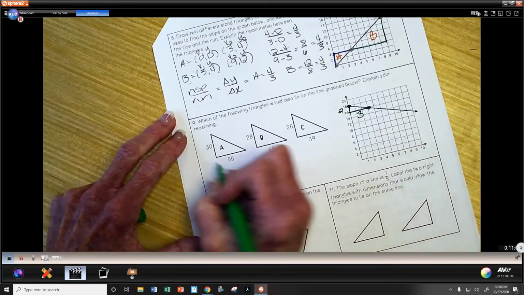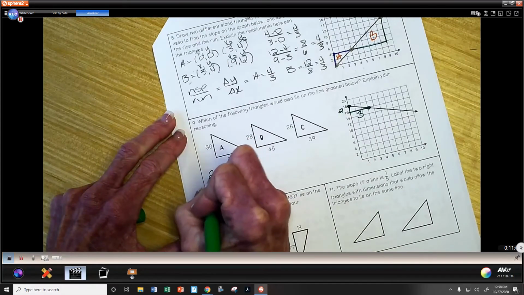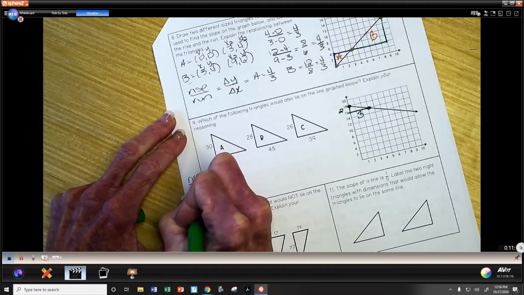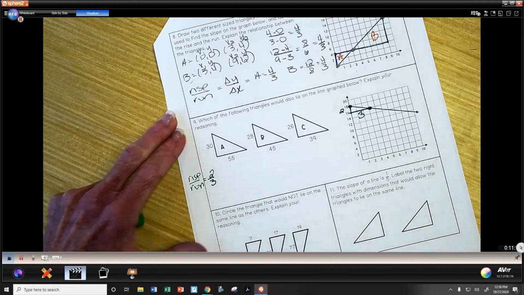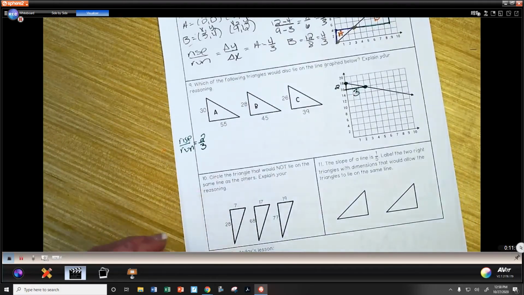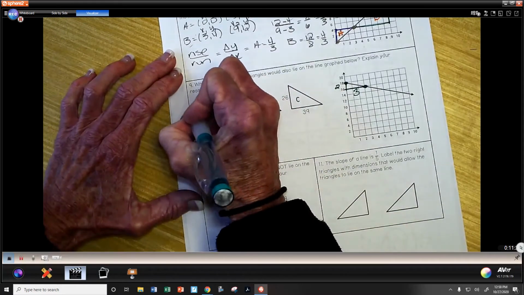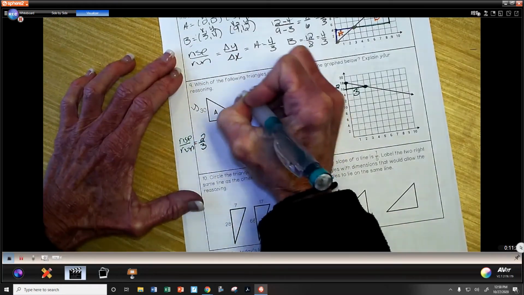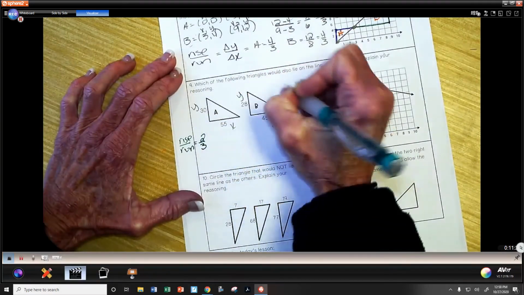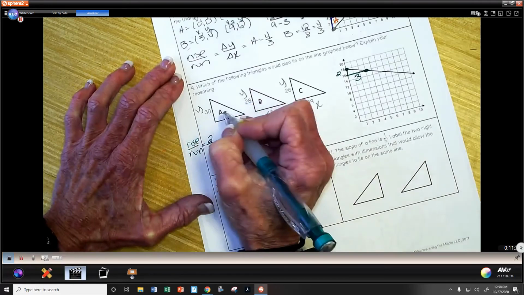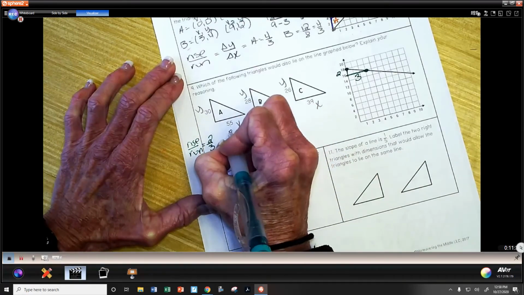Okay, so we are looking for the one that has 2/3. That is our rise over our run. Okay, so now remember, just like we did a few minutes ago, this is y, this is x. So I'm going to do 30 over 55.